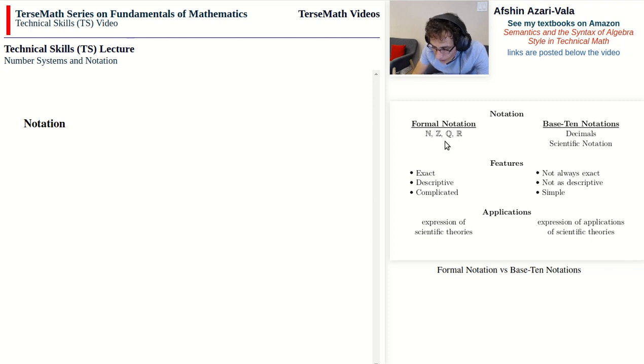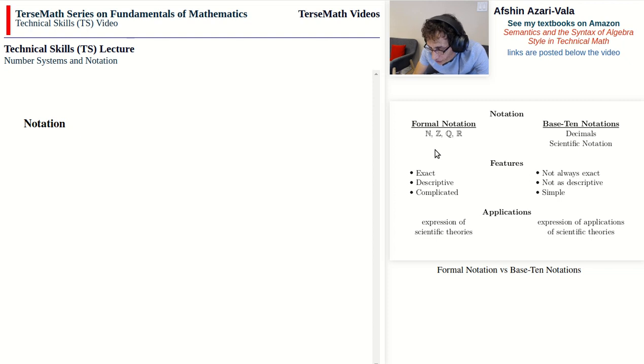Now, we have both sets of notation for a reason, because each set has pros and cons, and the pros and cons are complementary. So the strengths or the weaknesses of the formal notation are basically the strengths of base 10 notations, and vice versa.